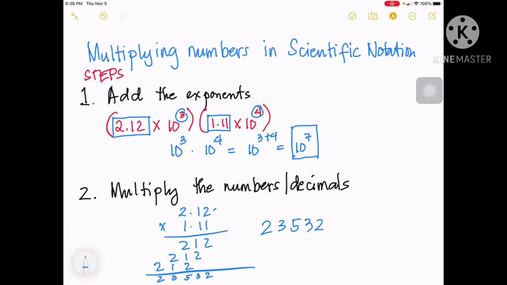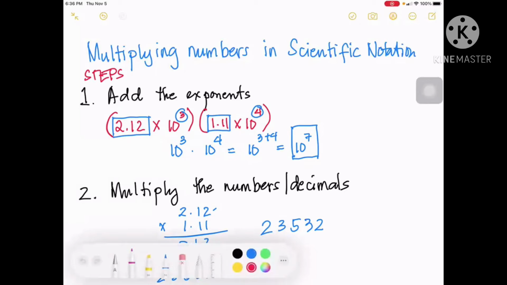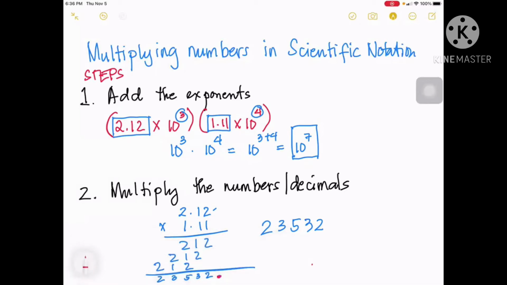Now, as we all know, the decimal of this whole number is here. Let's put this in the box and then count the numbers here. We have 1, 2, 3, 4. So from this point, let's count 4 to the left side. 1, 2, 3, 4.